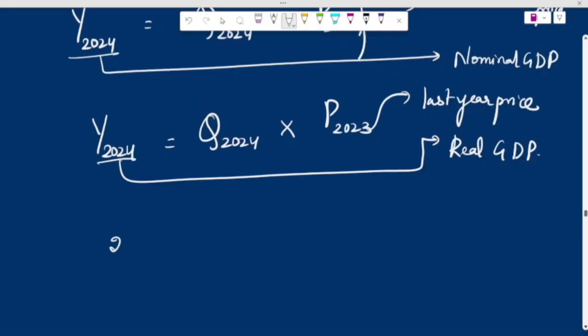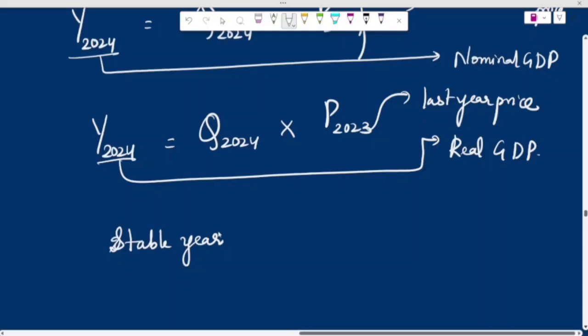I cannot take 2020 for the comparison, because in that year we had COVID, right? So we have to take one stable year, in which there are not many changes in the economy, or else there is stability in the economy. So here the stable year is 2016 for counting the GDP. I mean, the base year for GDP.